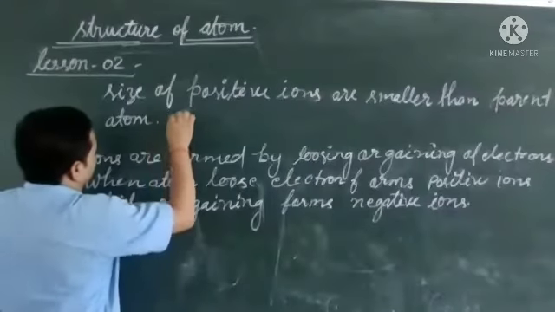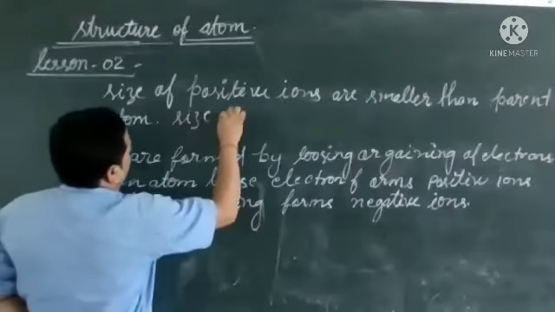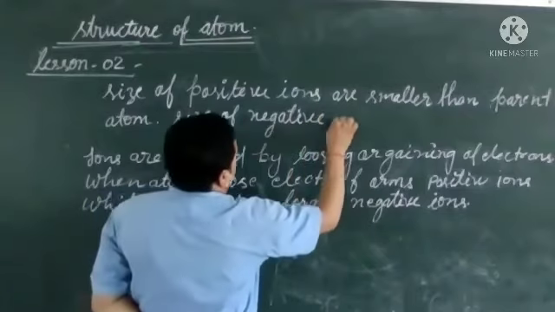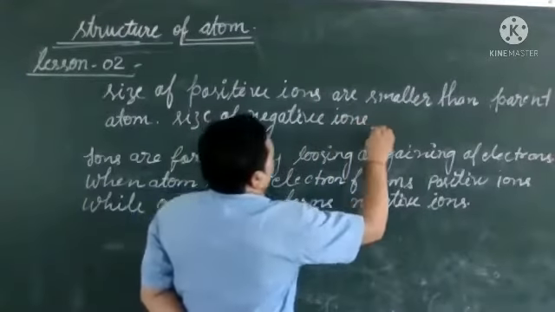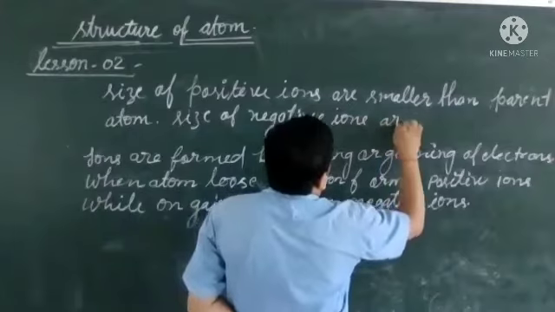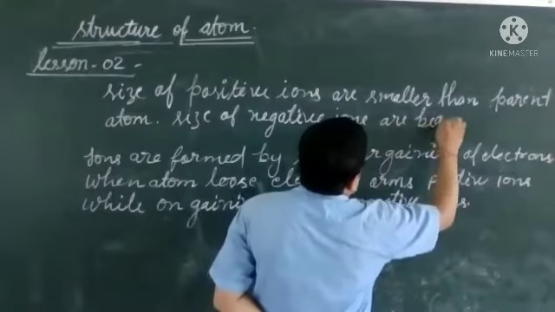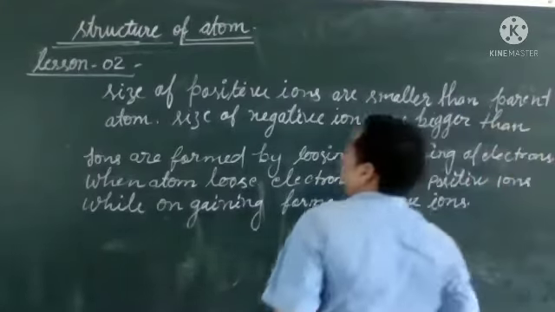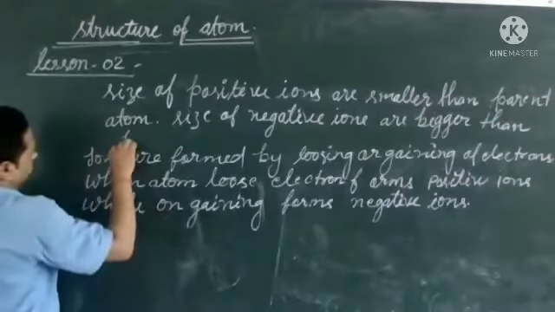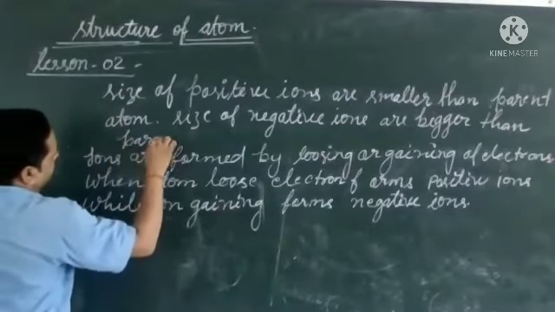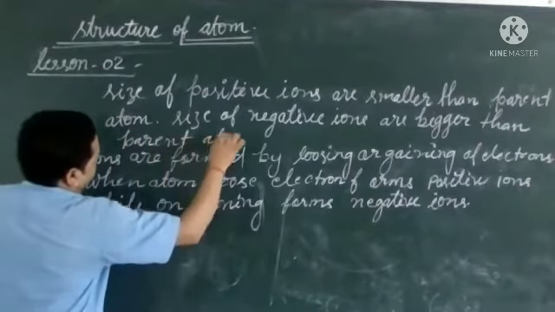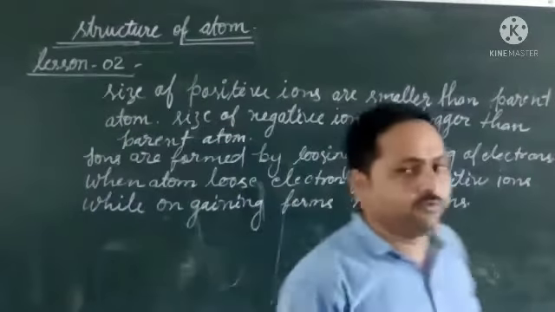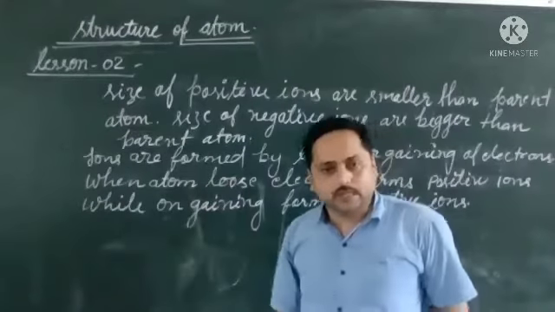And next, the size of negative ions is bigger than the parent atom. This point is very important for you, and you should learn it.